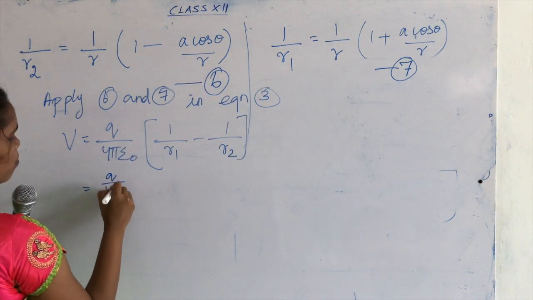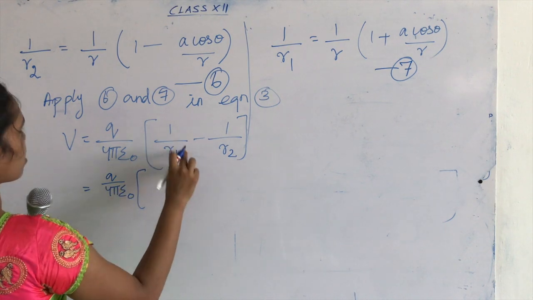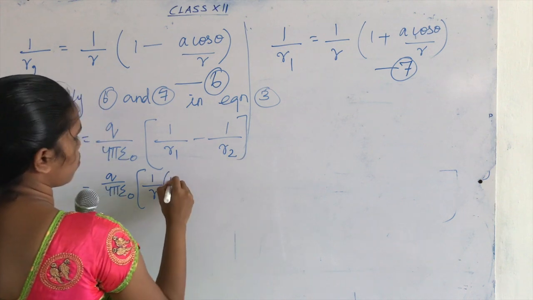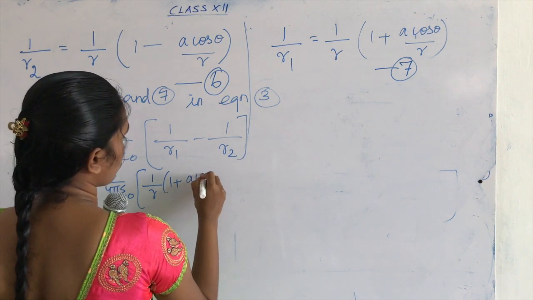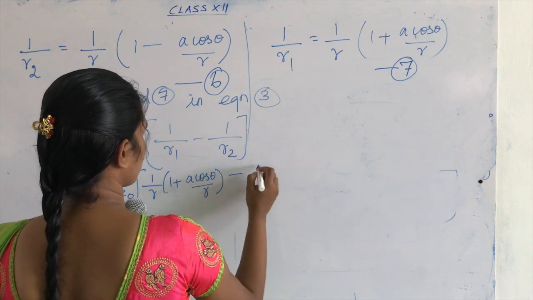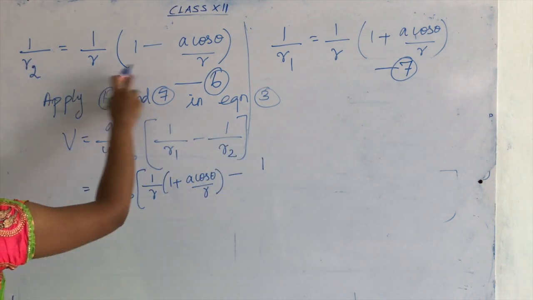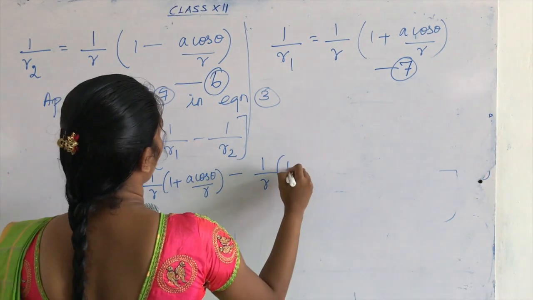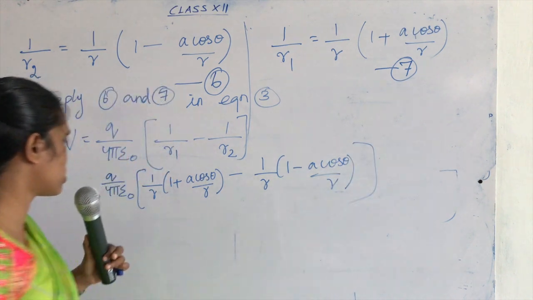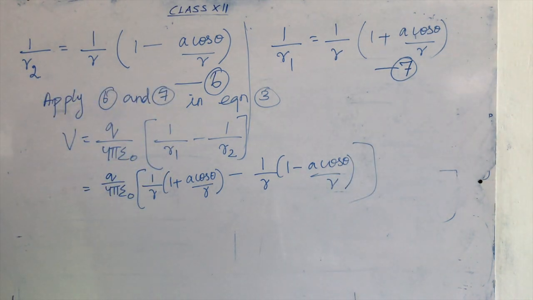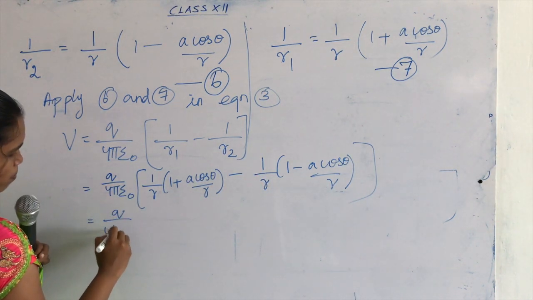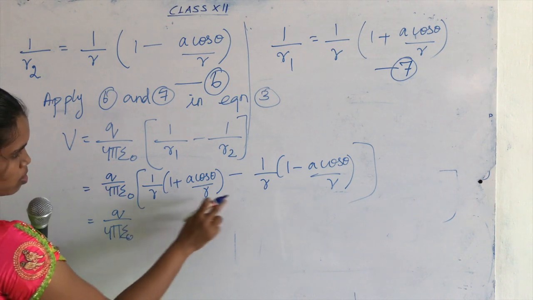Q by 4 pi epsilon 0, 1 by R1 value, this one: 1 by R, 1 plus a cos theta by R, minus 1 by R2 value, this one: 1 by R, 1 minus a cos theta by R. Now, 1 by R are common. So, Q by 4 pi epsilon 0 R.